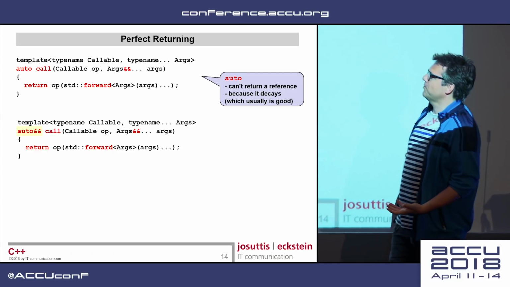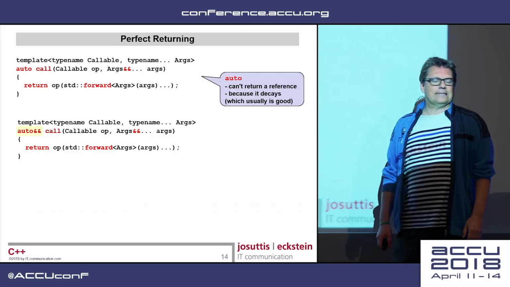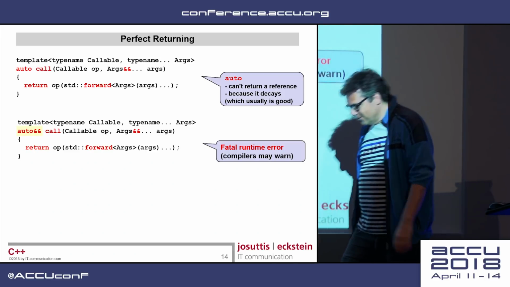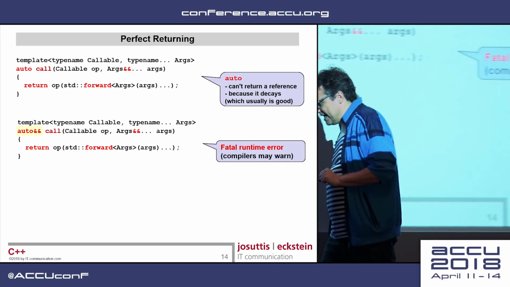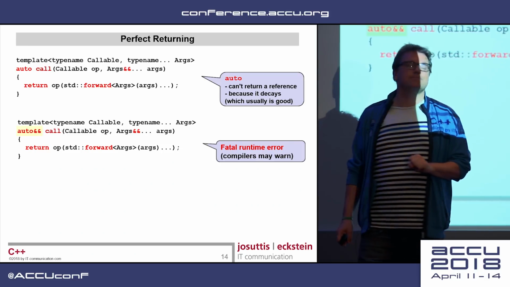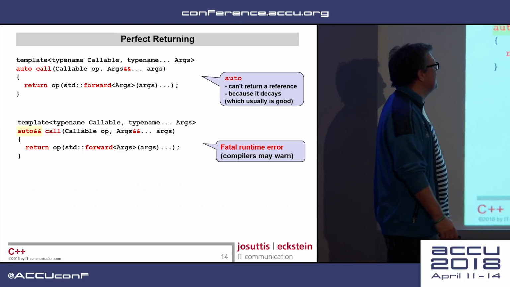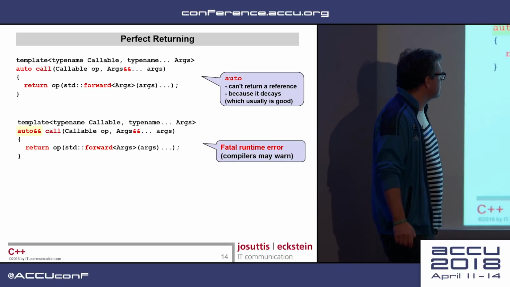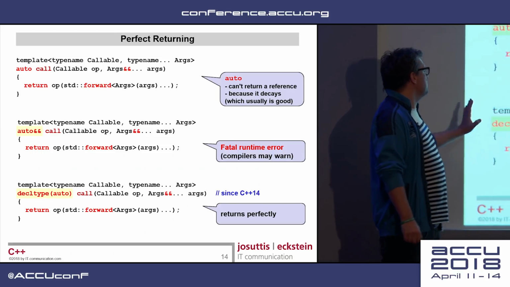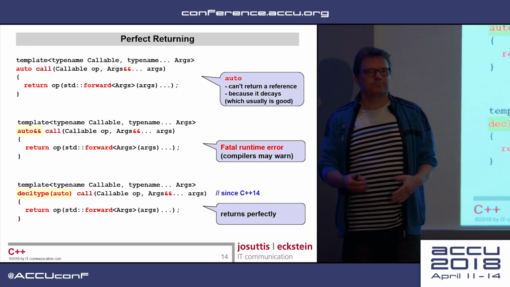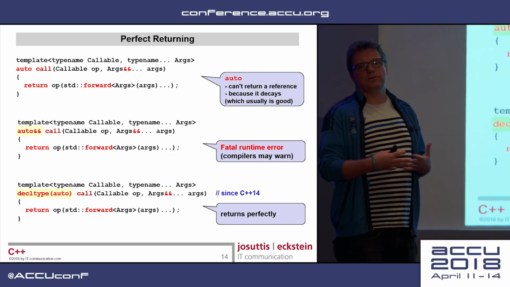I should use autoref, of course. But whoa, no, that's a reference to a local object. So don't do that. That's a fatal error. Fortunately, the compilers can detect that usually. So for that, we introduced decltype(auto). And that's the way you should do it.